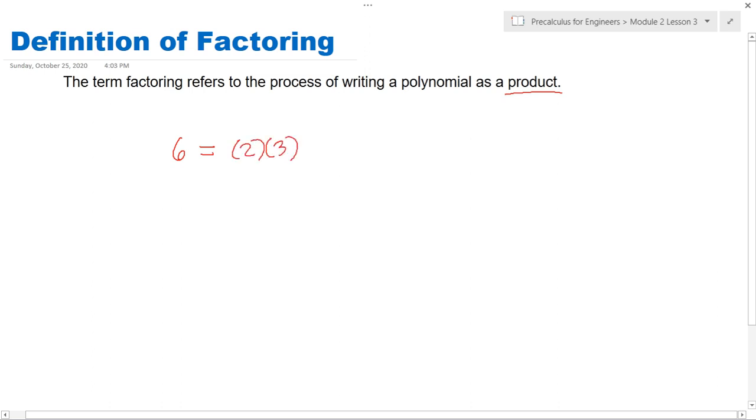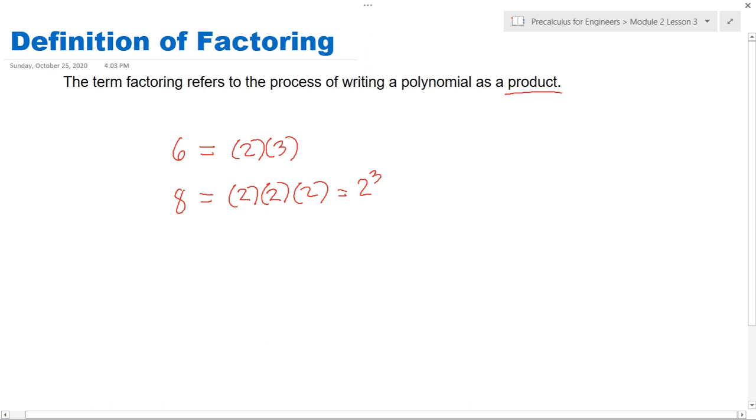And if you're going to factor a certain number, always express it as a product of prime numbers. Dapat prime numbers lang. Then how about 8? 8 can be factored into prime numbers, which is 2 times 2 times 2. This is simply 2 cubed. So ganyan lang mag-factor ng number.